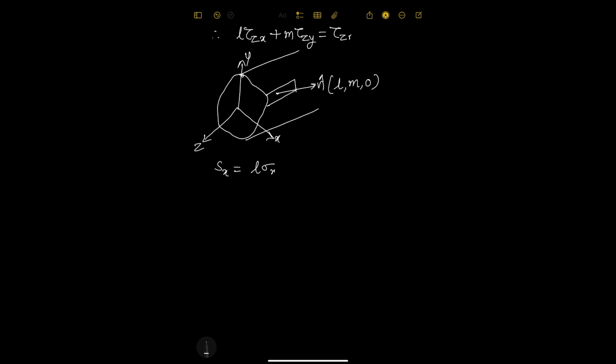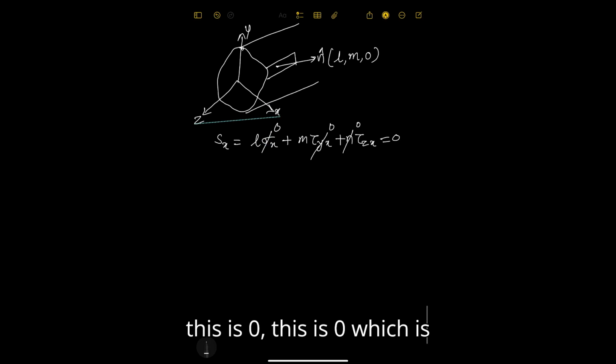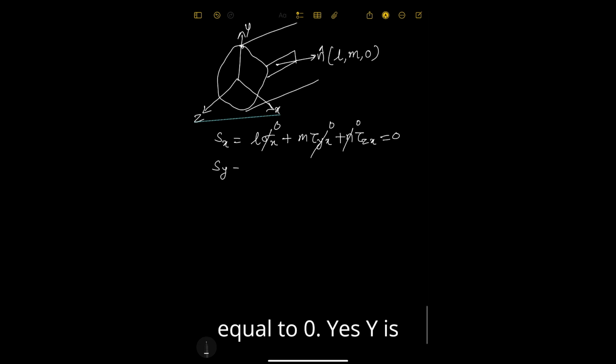Sx is l into sigma x plus m into tau yx plus n into tau zx. Here the terms are 0, so Sx equals 0.